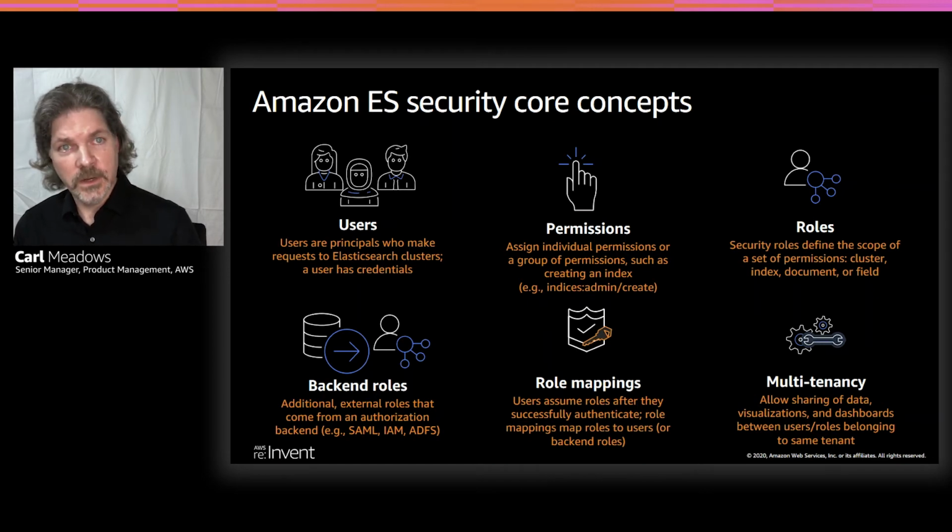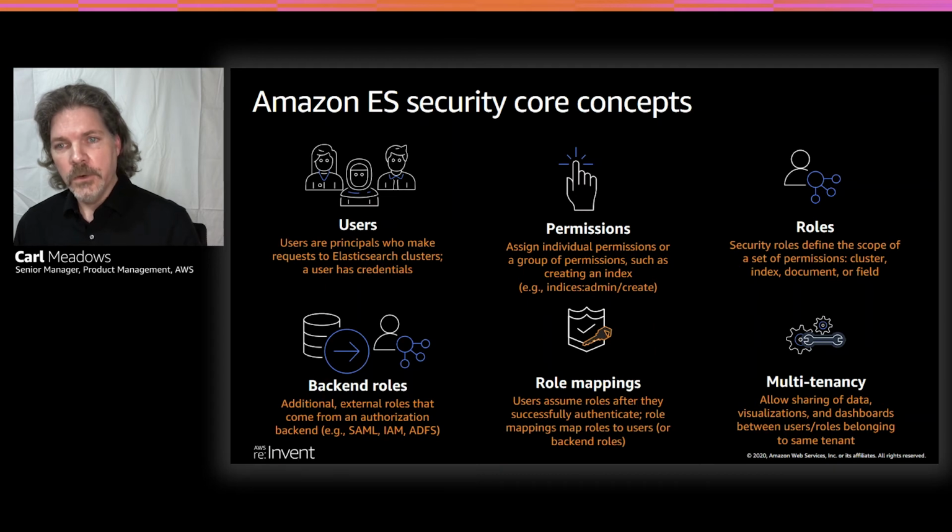These are the folks that authenticate into the cluster and what permissions that they have. Then the permissions are the sets of things that they can do. Those permissions are grouped into roles. A role can include sets of permissions as well as what tenants, which we'll talk about in multi-tenancy, that those users can access. So what dashboards they can see, what visualizations they can see, what indexes they can access, or documents and fields they can access.